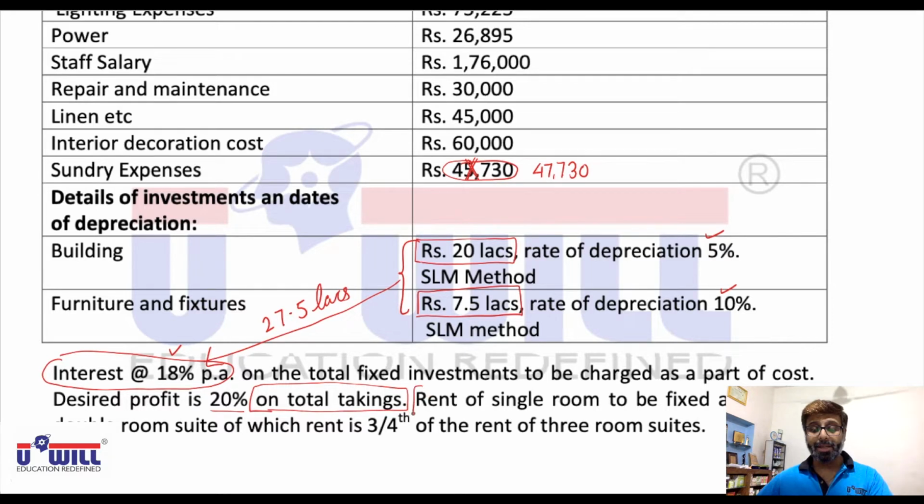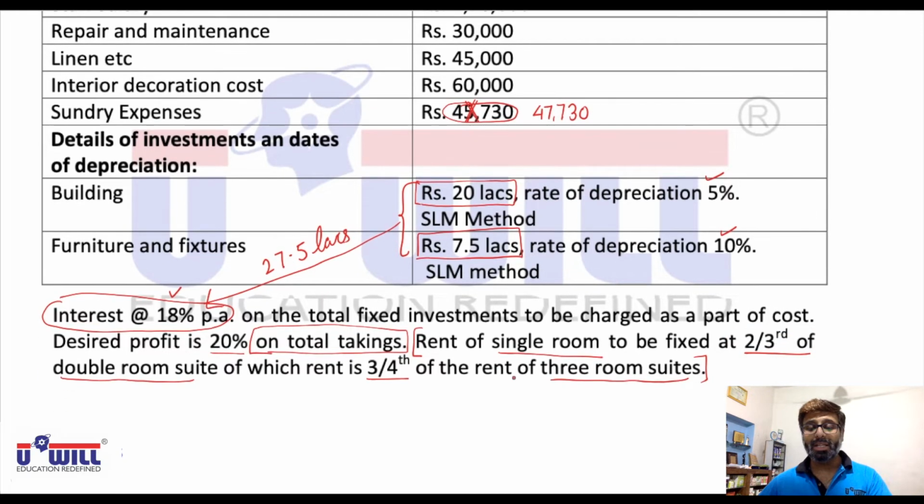Now, rent of single room is to be fixed at 2/3 of double room suite, of which the rent is 3/4 of the rent of 3-room suite. Means double room's rent is 3/4 of 3-room, single room's rent is 2/3 of double room. So in this question we will have to assume the rent of 3-room suite.